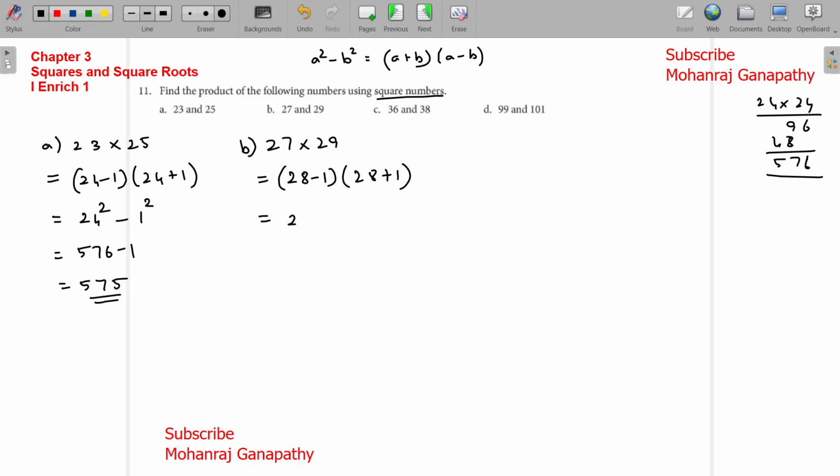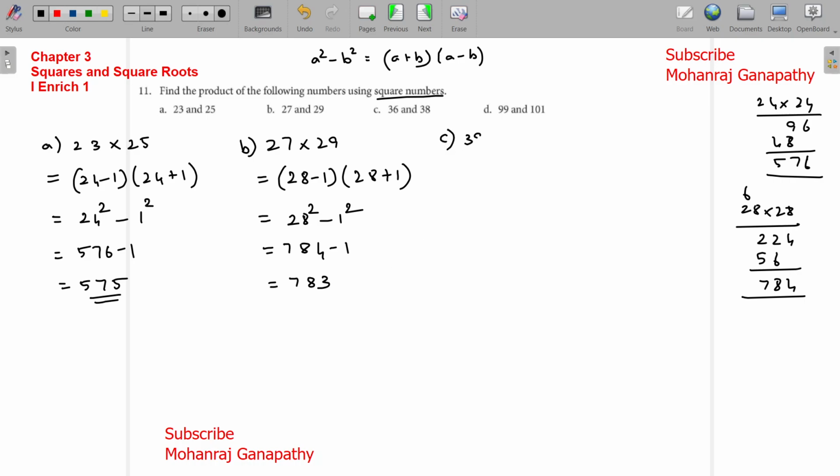A minus B into A plus B, A square minus B square. 28 into 28. 8 8s are 64. 8 2s are 16. 16 plus 6, 22. 8 2s are 16. 2 2s are 4. 4 plus 1, 5. 784. 784 minus 1, that is 783.